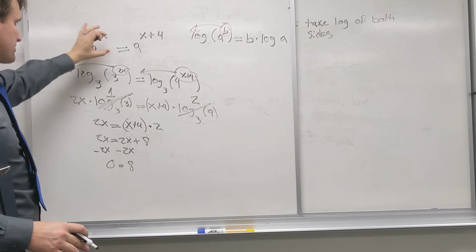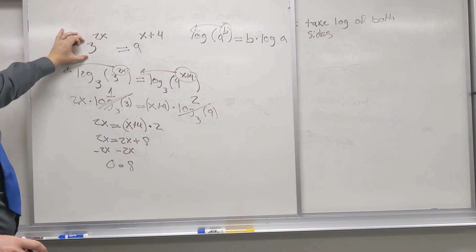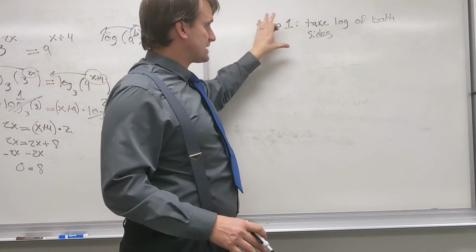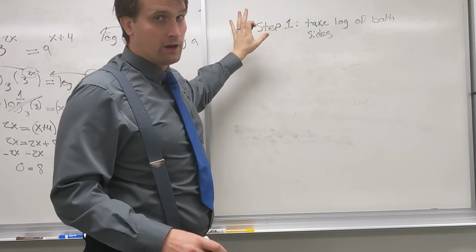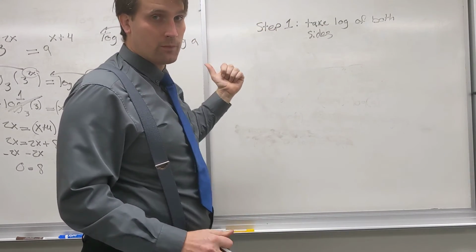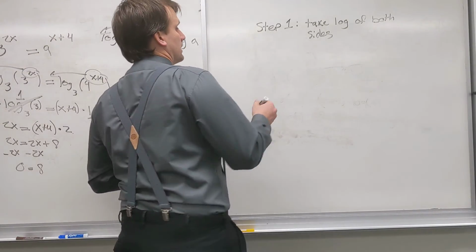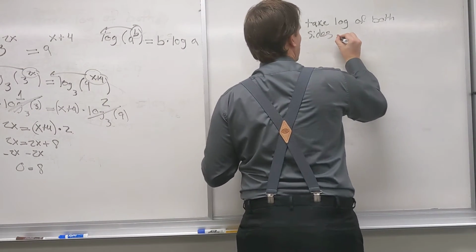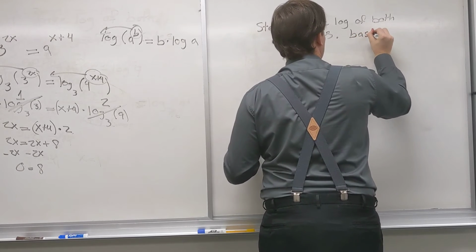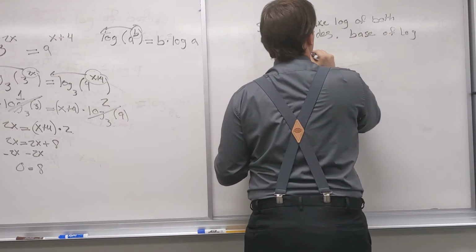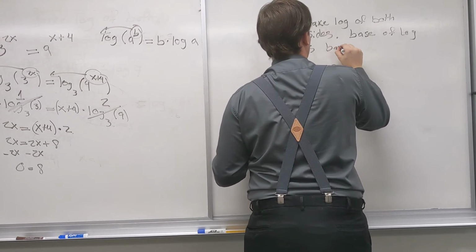So here, the smallest base was 3, so we want to do log base 3. But that's not necessary. We can still solve it even if we had a different base, just by using our logarithm rules. That just makes our life easier. All right? So the base of the log should be equal to the base of the exponent.